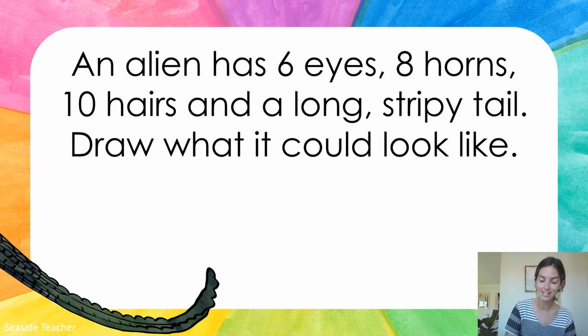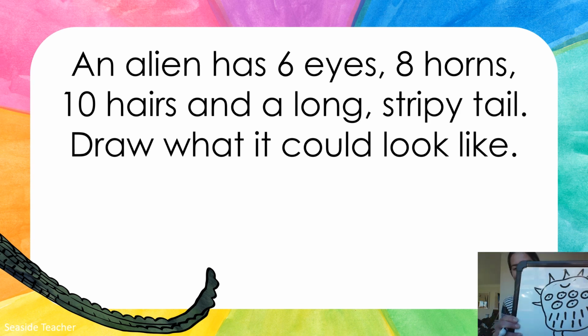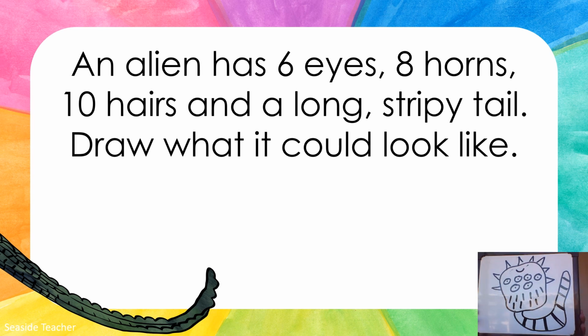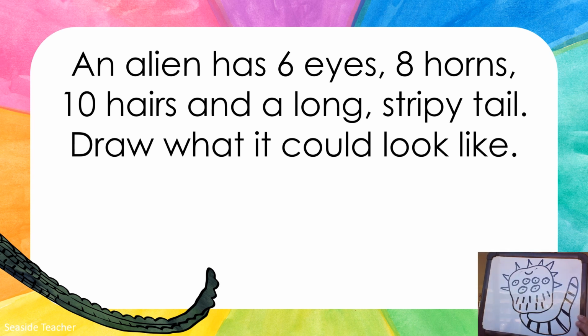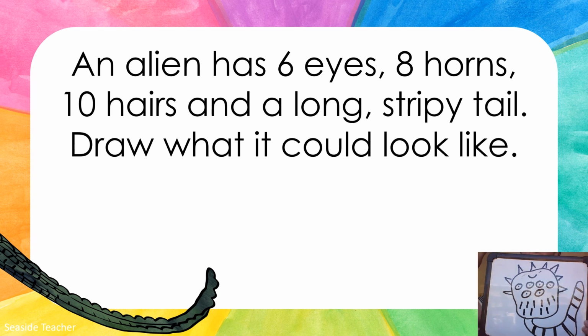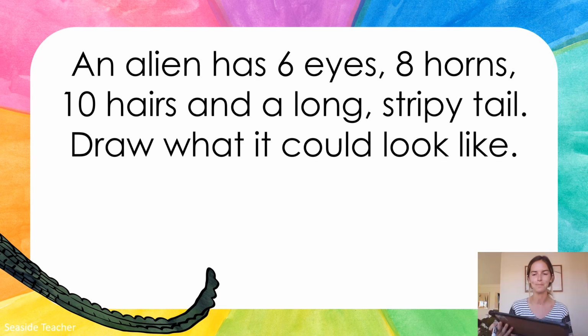Okay, because it might not be down the bottom. I'm just going to do a little one up the top. All right, what do you think of my alien? I've got my 6 eyes, I've got my 8 horns, I've got my long stripy tail, and if you can see right at the top, I have my little mouth. I can't wait to see what you come up with today.